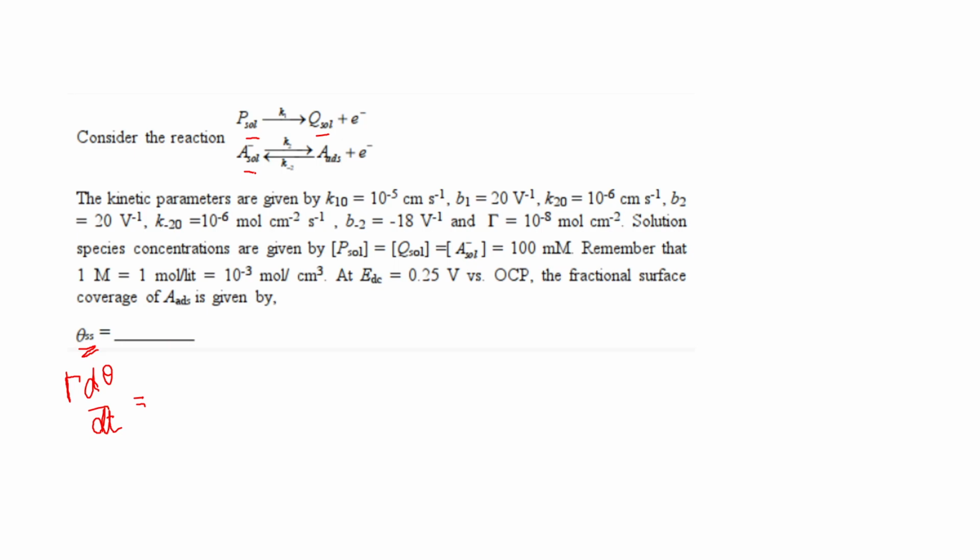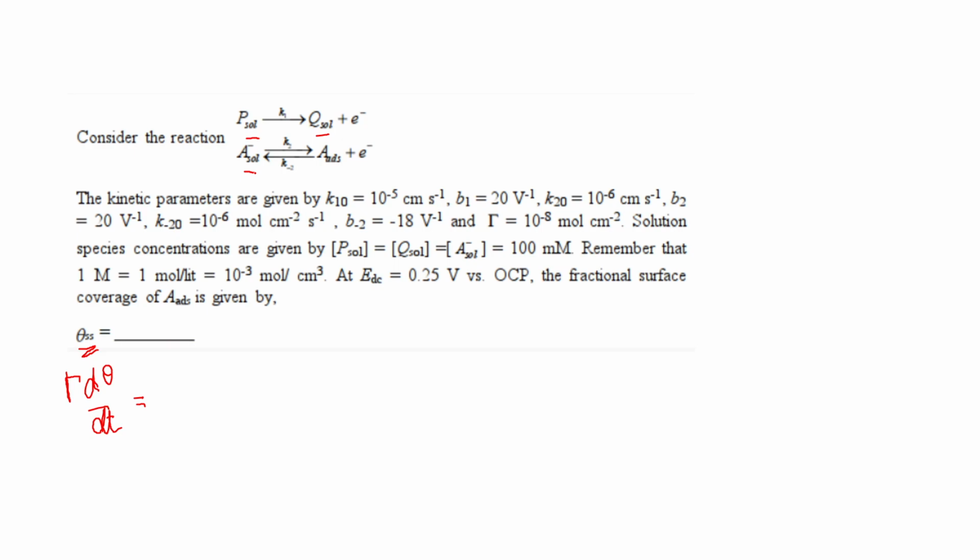Basically, those are all present in the solution. A solution minus is also another ion present in the solution. What about A adsorbed? That will be there on the surface. Yes, it is an intermediate.